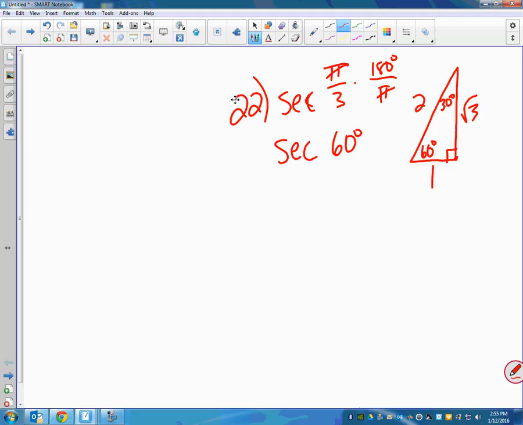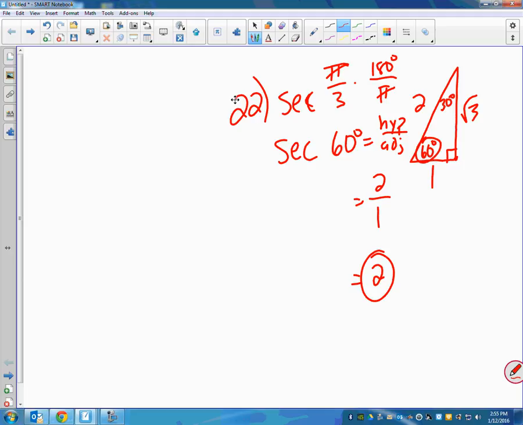But remember that secant is hypotenuse over adjacent. So of 60 degrees, the hypotenuse would be 2, the adjacent would be 1, which means the answer there is 2. So on 20, 22, and 24, you're just figuring out what angle am I in and what does my triangle look like to find those values.